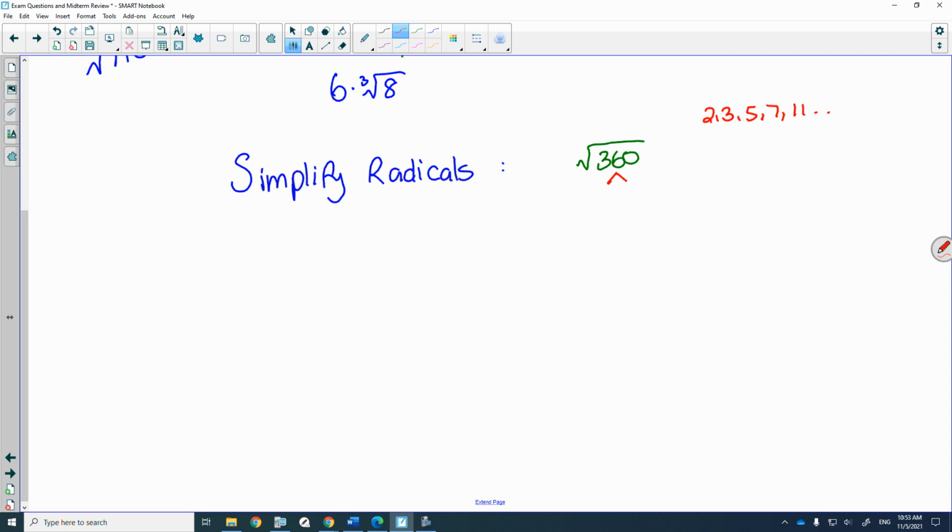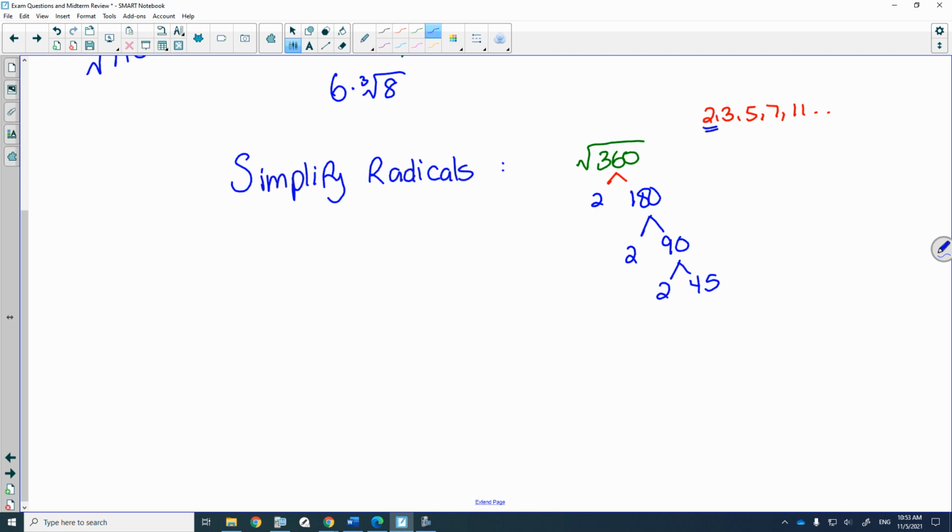The lowest prime is going to be 2. So you'd say, okay, 360, and usually these are big numbers, so you put them on your calculator, divided by 2 is 180. 180 divided by 2 is 90. 90 divided by 2 is 45.